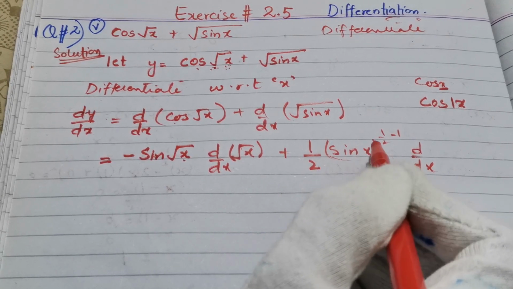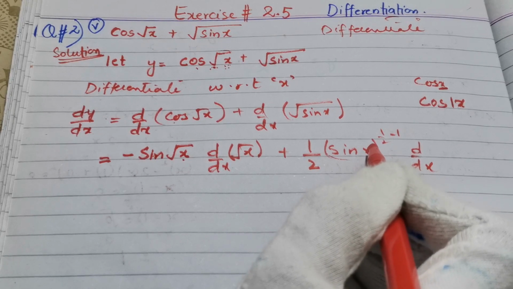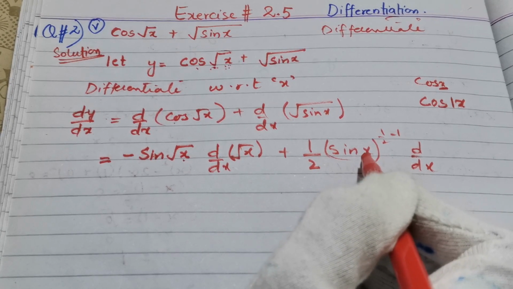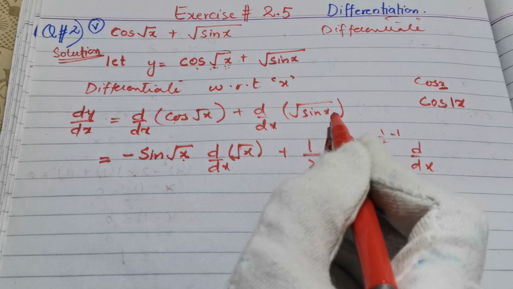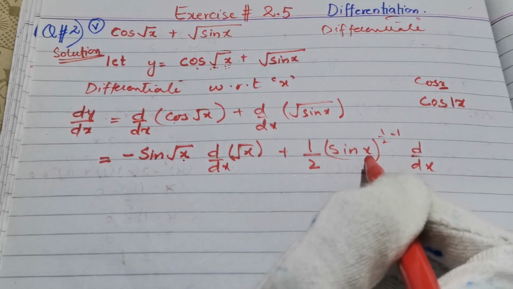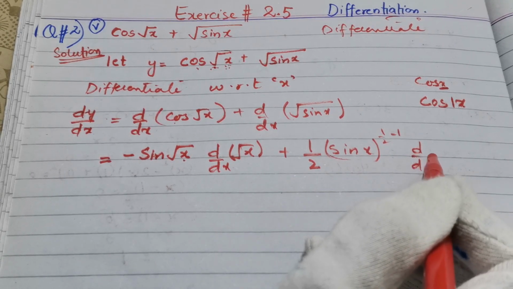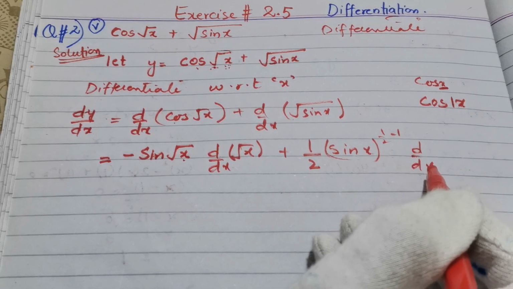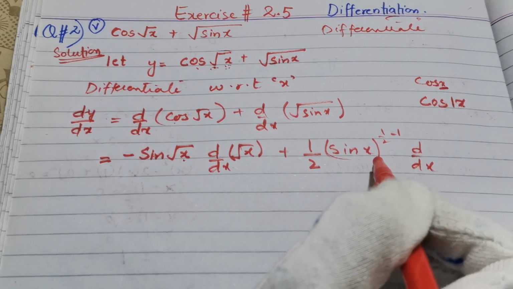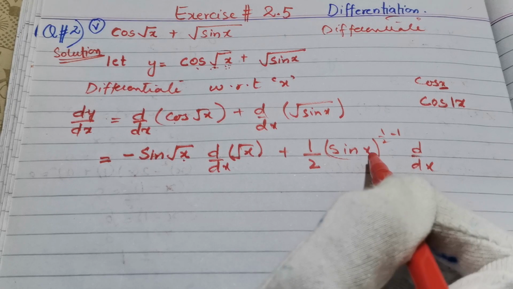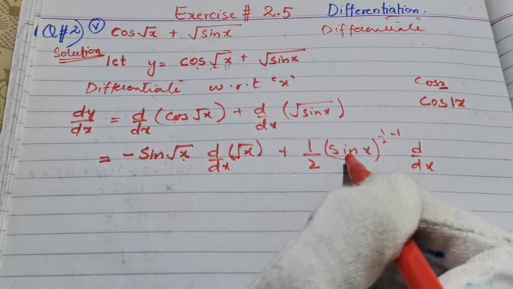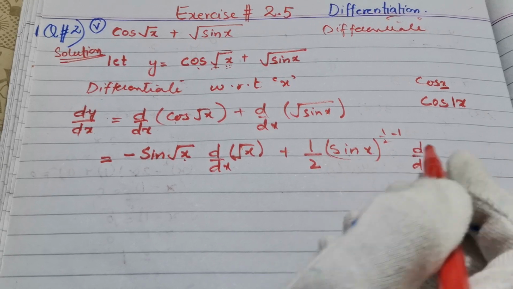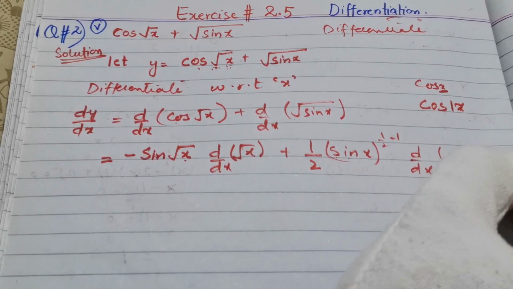This is not a simple x. This is not in the form of differentiation form. If this is not in differentiation form, we will not differentiate. For example, if this is simple x, so d by dx with respect to dx is 1. So we will not again differentiate. But this is not a simple x. This is sine x. So again we will differentiate sine x.